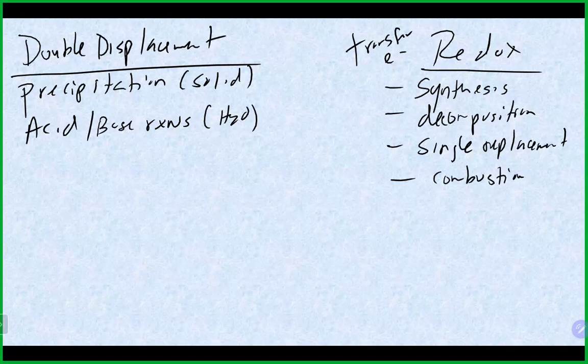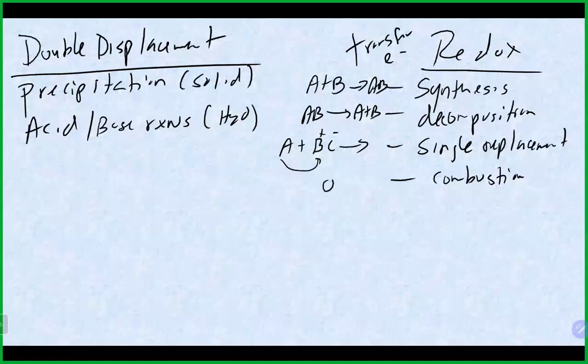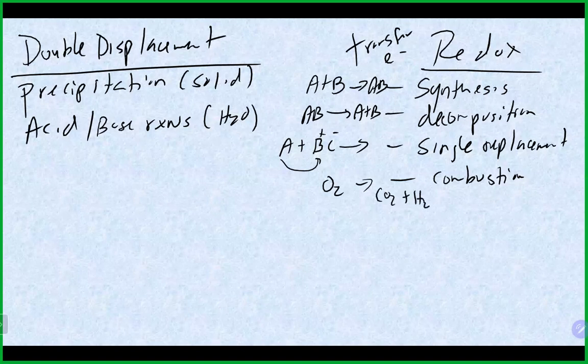Basically for synthesis, 2 things make one. For decomposition, one thing breaks apart into 2 or more things. Single replacement, one thing plus an ionic compound coming in. And combustion, some oxygen, and most of the time CO2 and water involved.